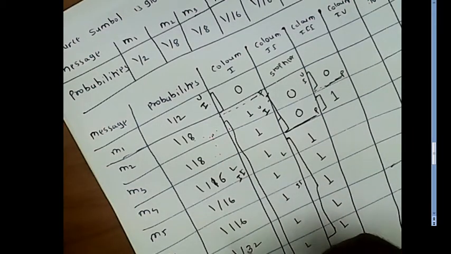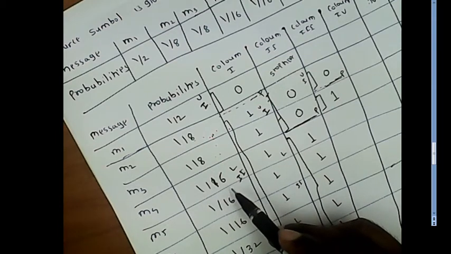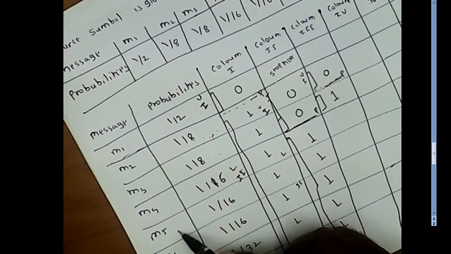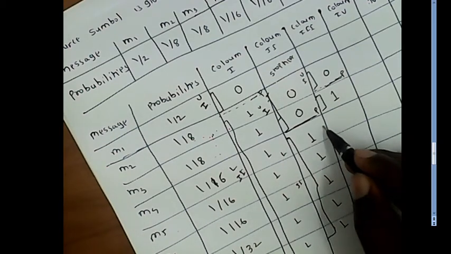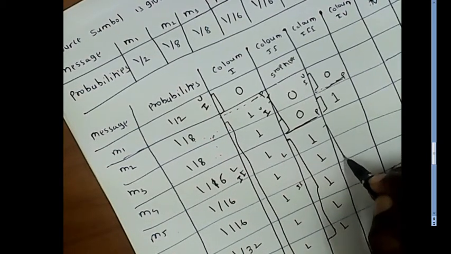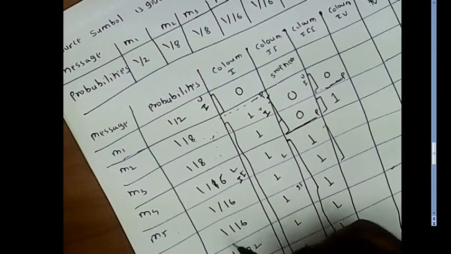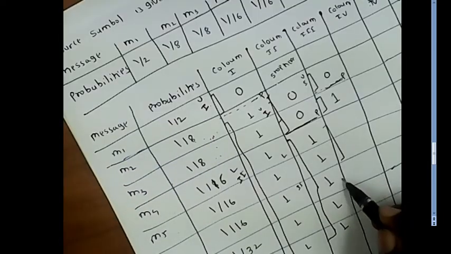Again we can see M4 and M5 as one message set, and M6, M7 and M8 as another set.